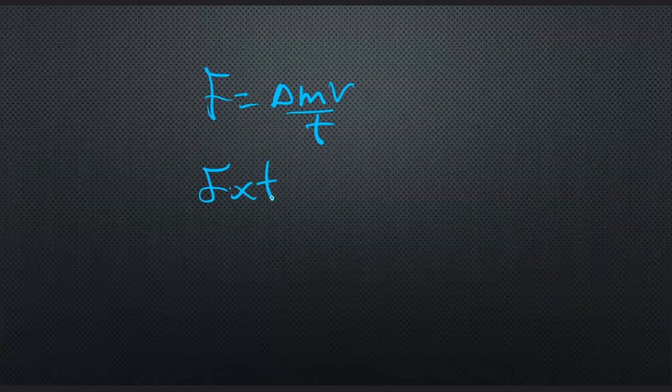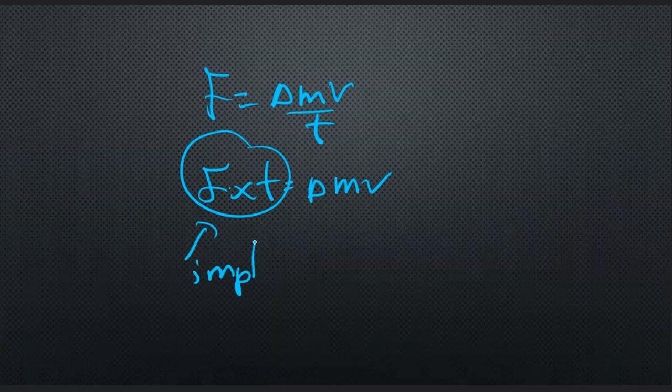Then there's another equation from F equals delta mv over t, F into t equals delta mv. Here we take it as impulse, almost equal to delta mv, change in momentum.